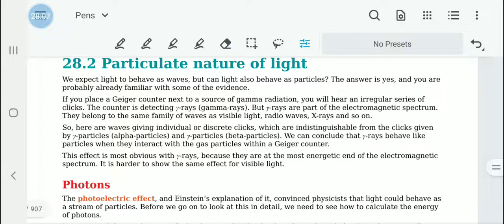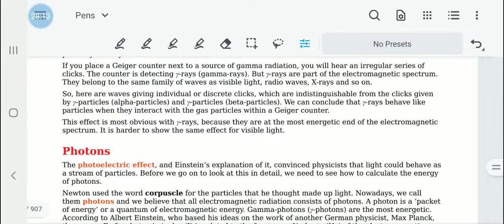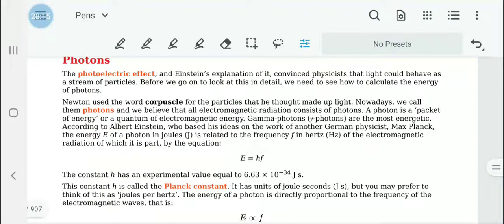However, this proves that that theory is wrong, and visible light and gamma rays are made up of particles.